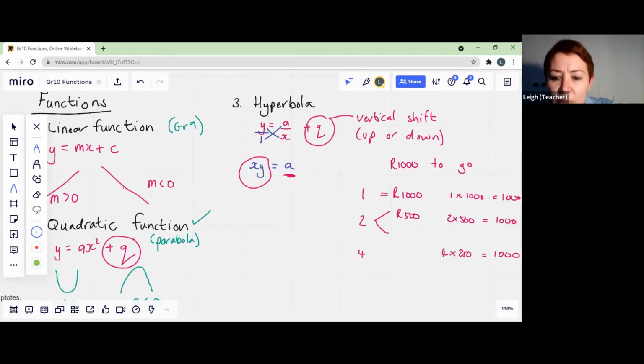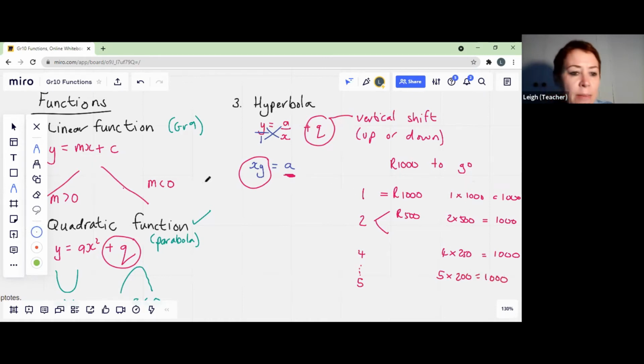Let's do one more. Let's say we go all the way down. Oh, let's just go to 5. That's nice and easy. So if 5 people go on the school trip, what are they going to pay? Each person is going to have to pay 200. Beautiful. Thank you so much.